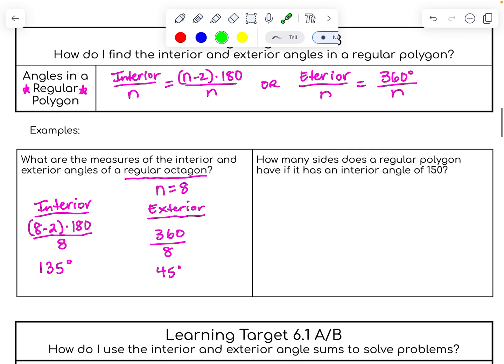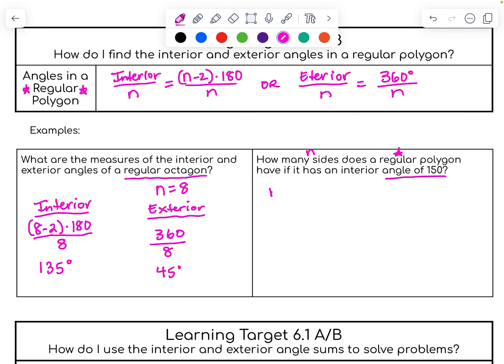Now this next example is a little bit trickier. It says how many sides, so we've got to find n, the number of sides. If a regular polygon, so notice we have regular here, which means all are the same, has an interior angle of 150 degrees, we have to use our formula.